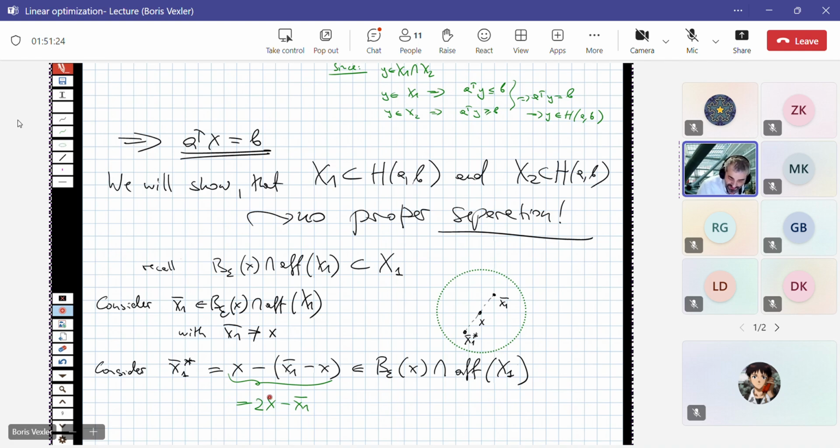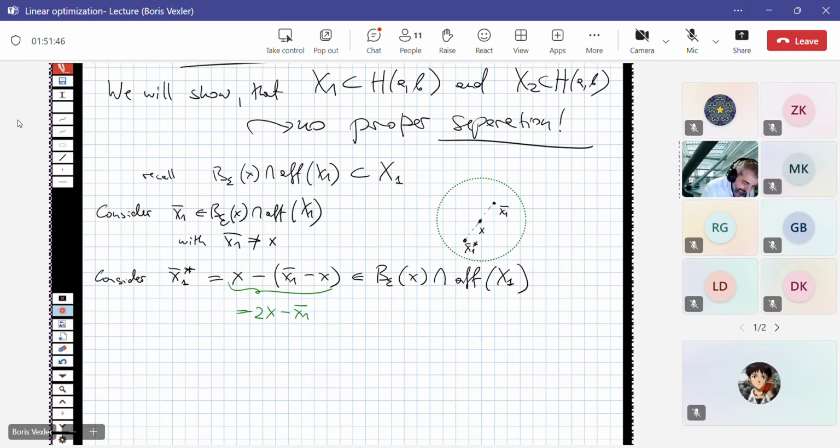Yeah, but what you have here is both x1 bar and x, and the sum is one. This is an affine combination. Yes, the sum here is 1. And therefore it is also in the affine hull here. Okay. x1 bar star is here in the affine hull.